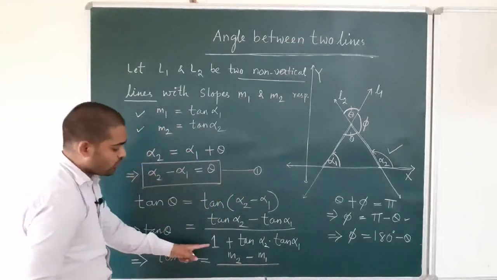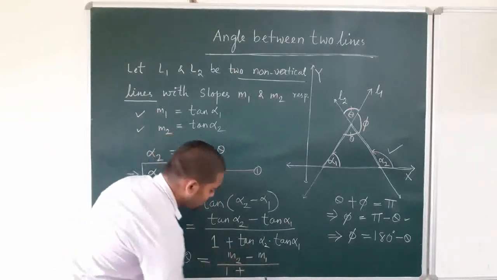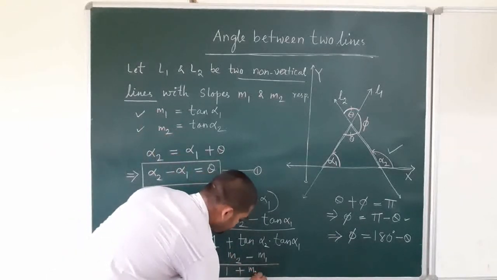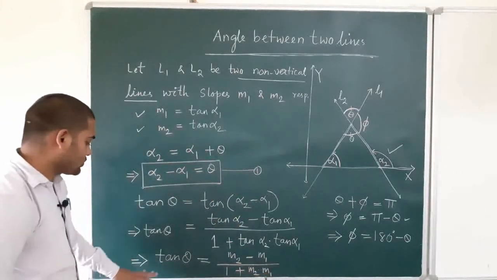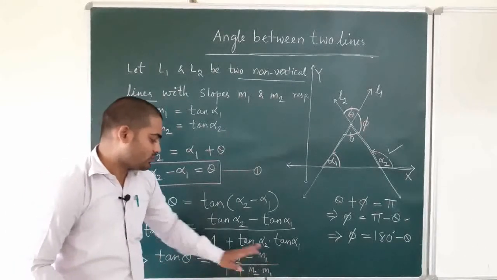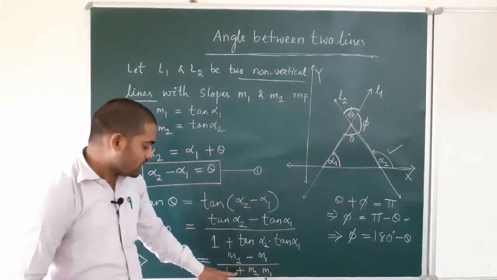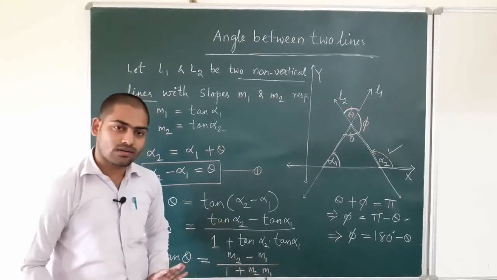So tan theta is equal to m2 minus m1 divided by 1 plus m2 into m1.